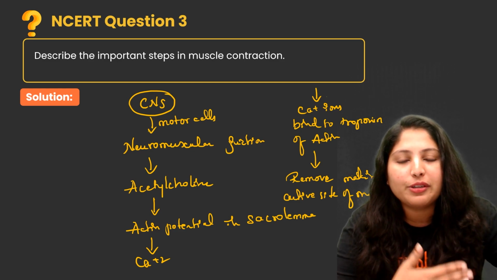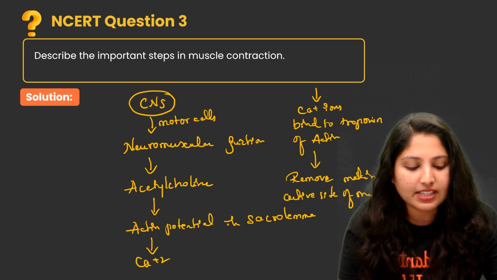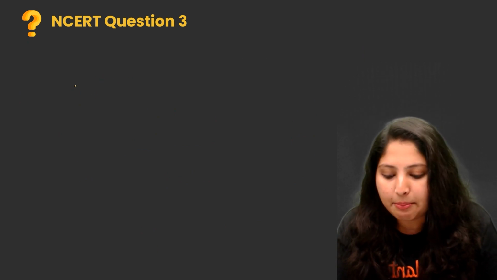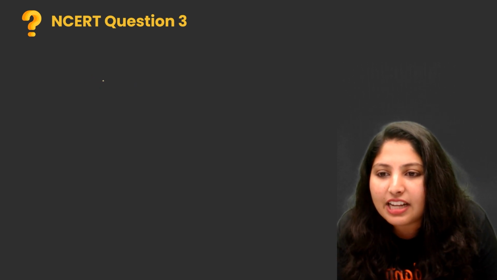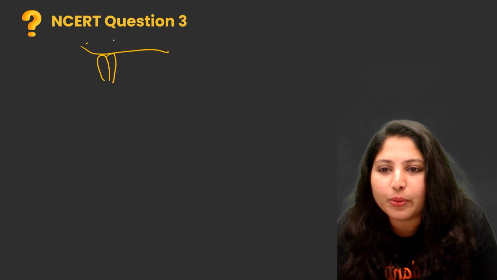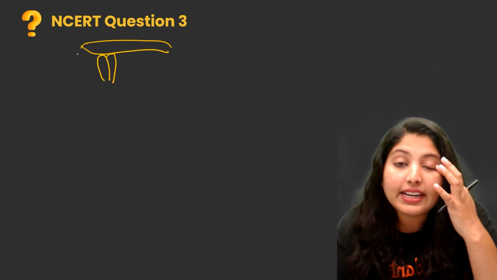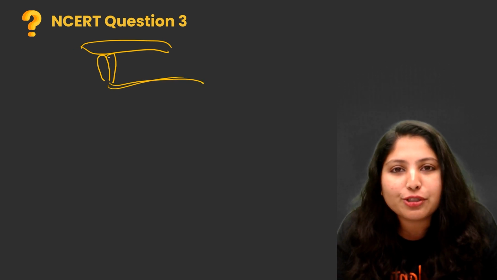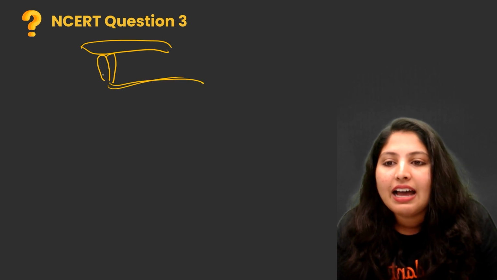After that, we are going to discuss the myosin. What happens in the myosin? The myosin is bound to the actin filament. So the head of the myosin is bound to which one? Actin filament. Okay, so this is the myosin, it binds to the actin filament.